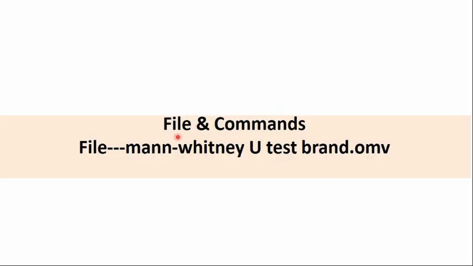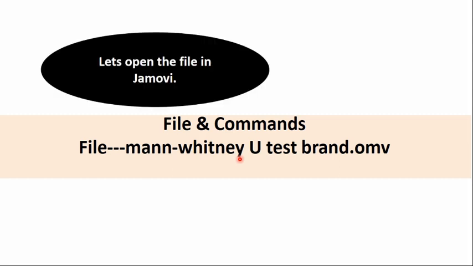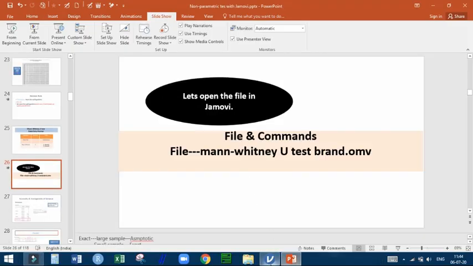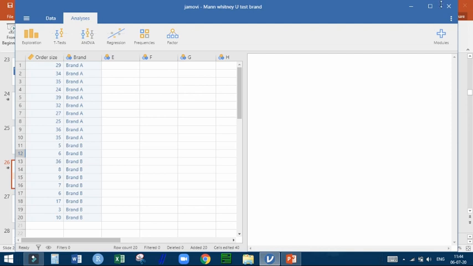I have saved a file in my system. I will show you the file and commands. The file name is Mann-Whitney U test brand.omv. OMV is the extension of Jamovi files. Let's open the file in Jamovi. Friends, this is my Jamovi file.